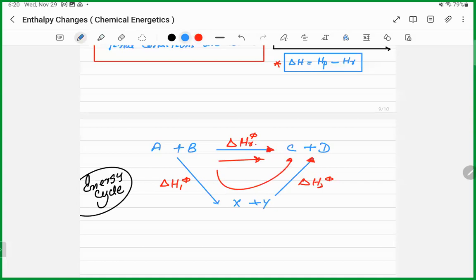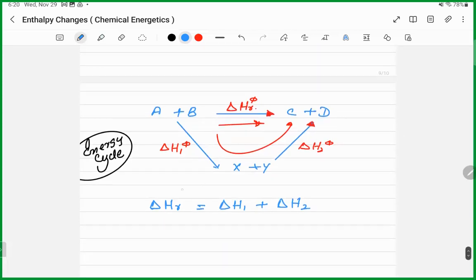So as per the Hess law, enthalpy change of a direct route is equal to the sum of enthalpy changes of indirect route. यानी delta HR, delta H1 प्लस delta H2 के बराबर होगा.